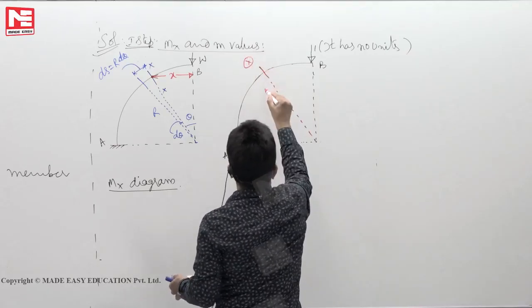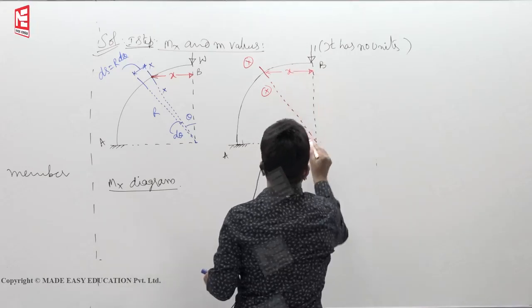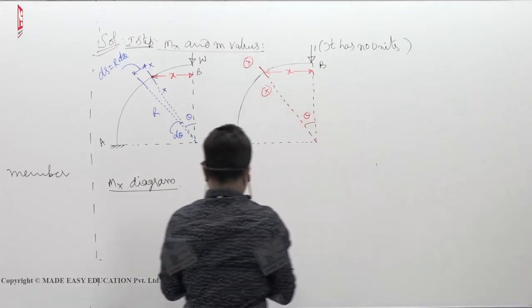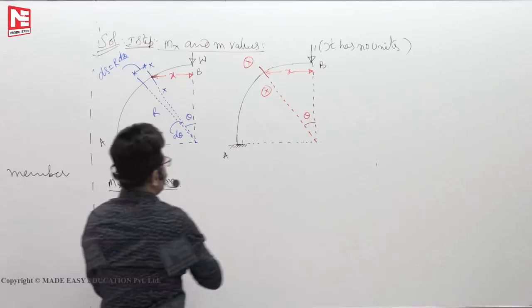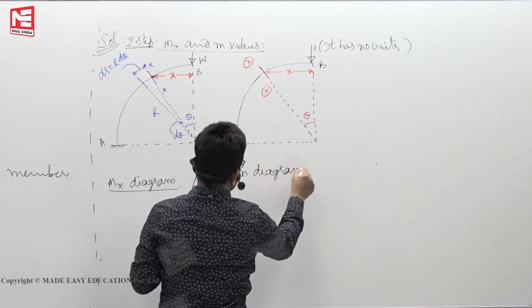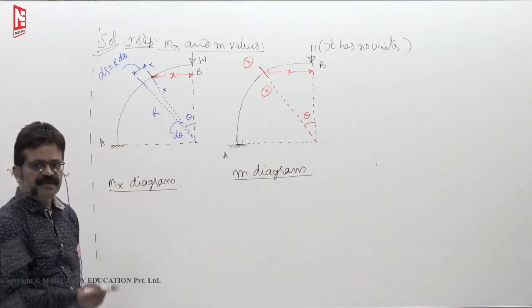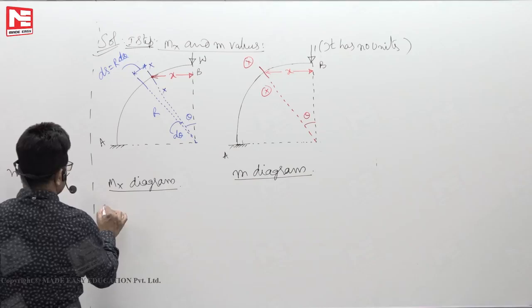Section xx, wherever it cuts, this distance is x. This angle is theta. This is the small m diagram. Since only one element is there, a table is not required; directly we can get it.